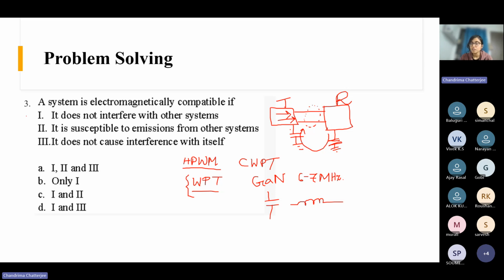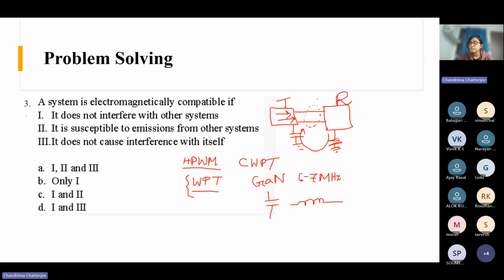So the grounding and all those things should be very robust and proper. This is for conducted emission, I am saying.